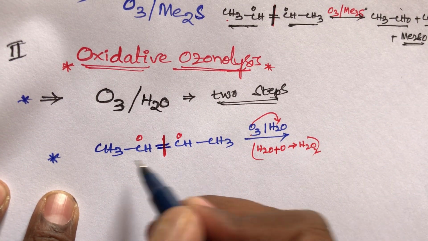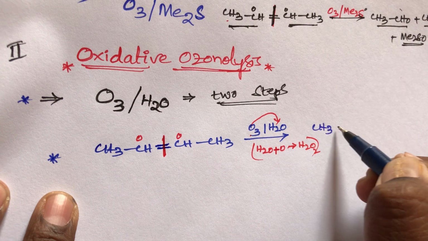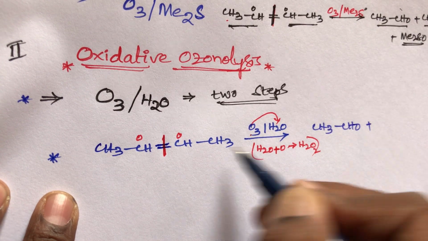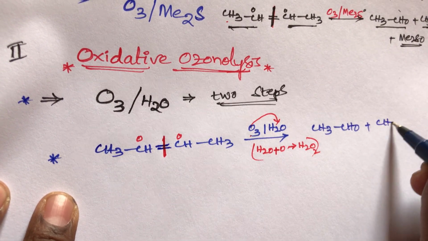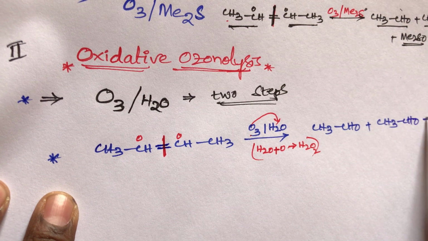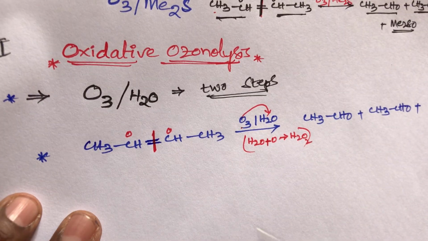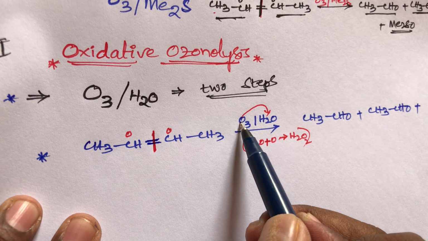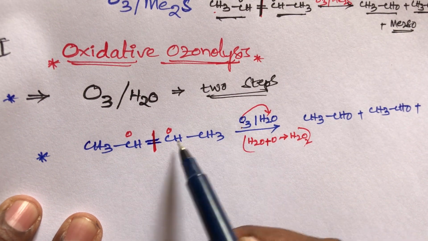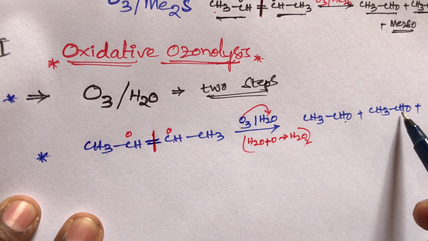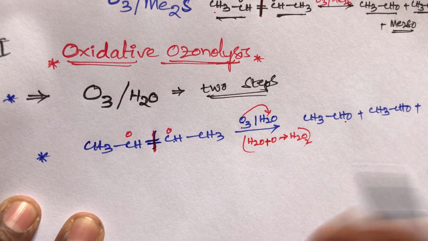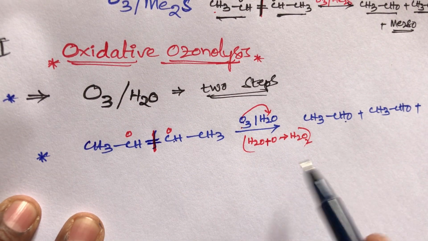After bond cleavage, we get CH3CHO plus, on the right side also the same thing, CH3CHO. One oxygen combines with this carbon, one oxygen with this carbon, giving CH3CHO. This is complete cleavage, separating the left-hand part and the right-hand part.